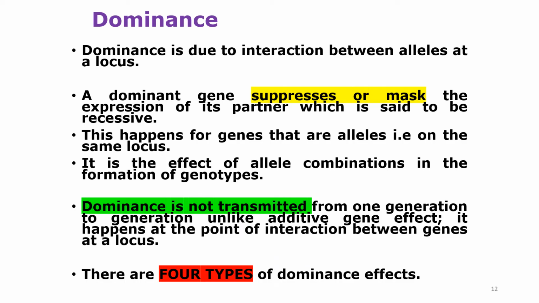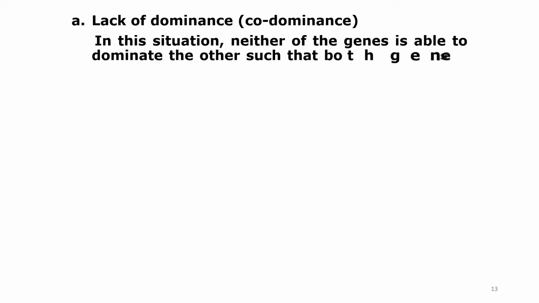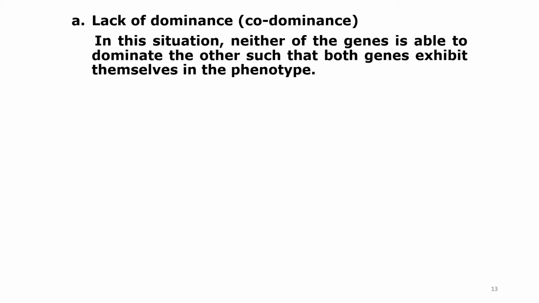And these are, we have what is known as lack of dominance or co-dominance. So in this situation, what happens is that neither of the genes is able to dominate the other, such that both genes are able to express themselves in the phenotype.